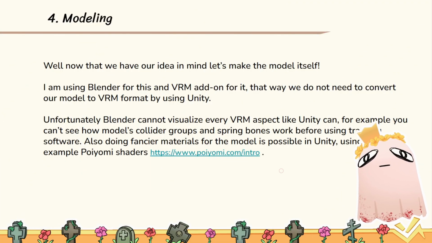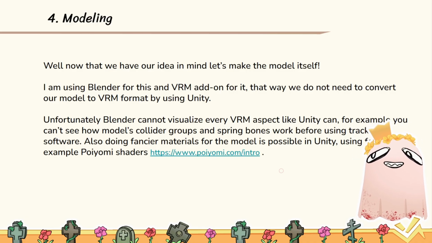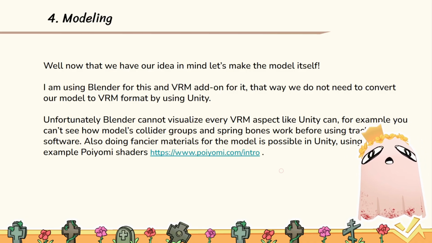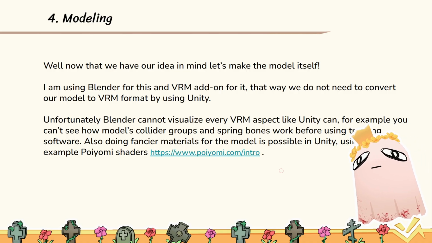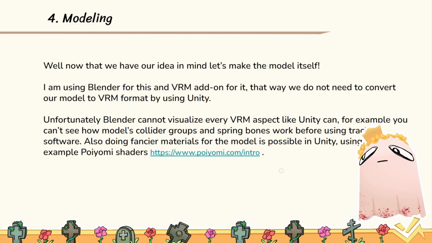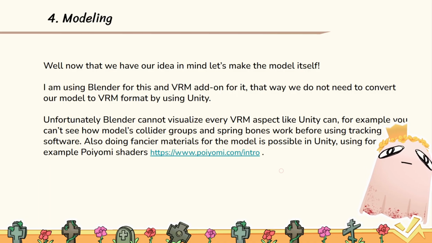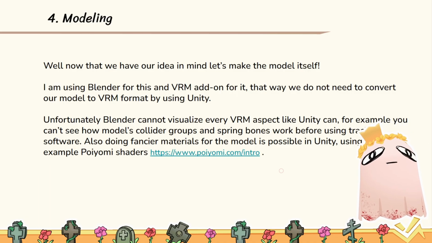4. Modeling. Well, now that we have our idea in mind, let's make the model itself. I am using Blender for this and VRM add-on for it. That way we do not need to convert our model to VRM format by using Unity. Unfortunately, Blender cannot visualize every VRM aspect like Unity can.